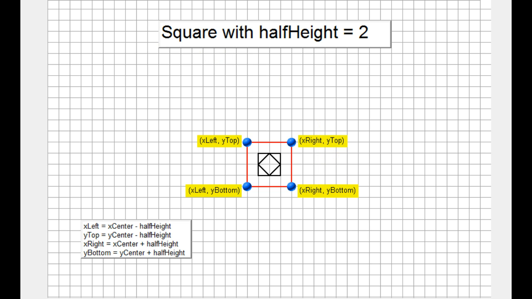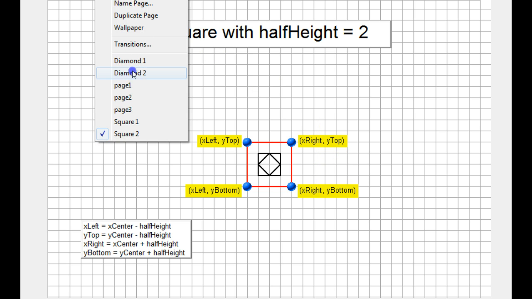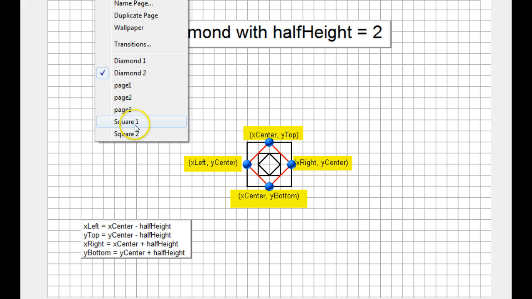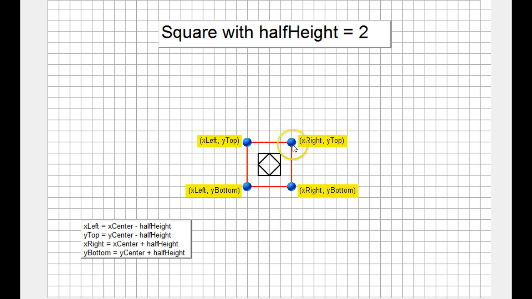Let's see what happens to the next one here. With diamond 2, we draw this diamond again inside this square, but it's the same deal. For the diamond, we're always drawing with x center, y top, x right, y center, x center, y bottom, x left, y center, and for the square, we're always drawing x left, y top, and so on.